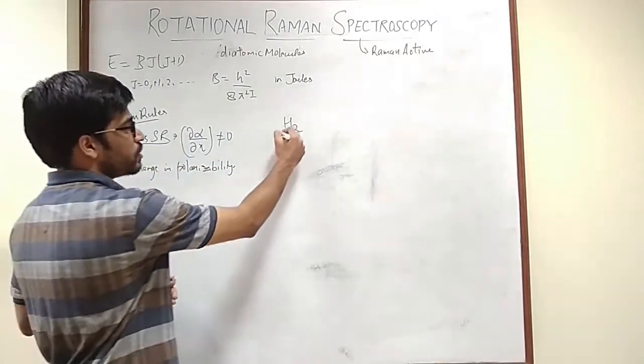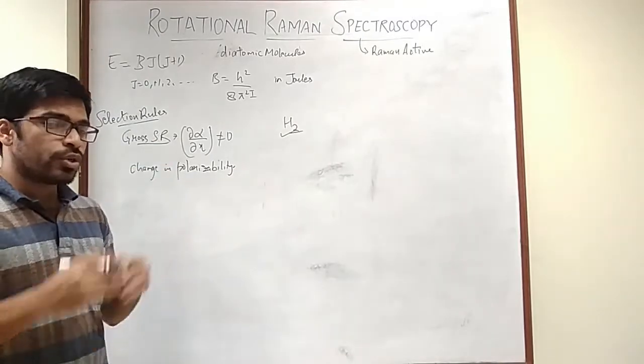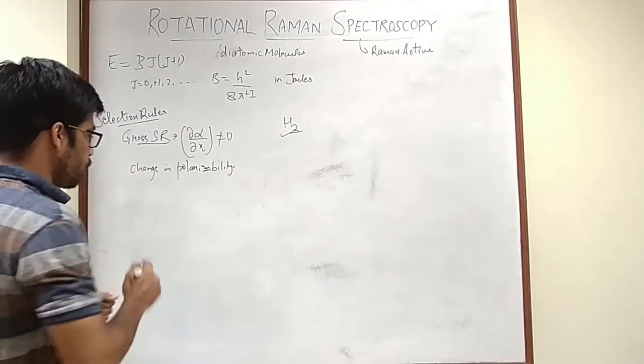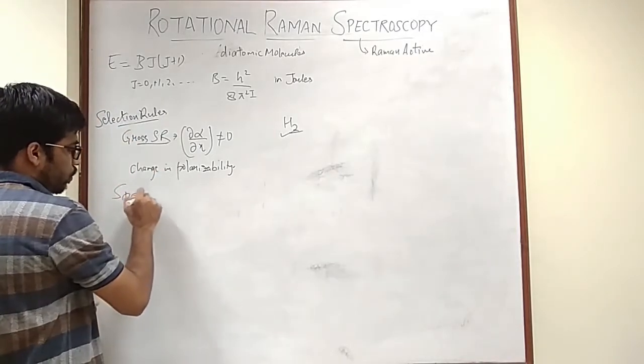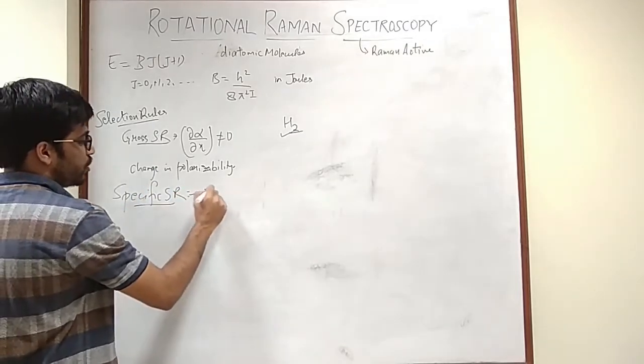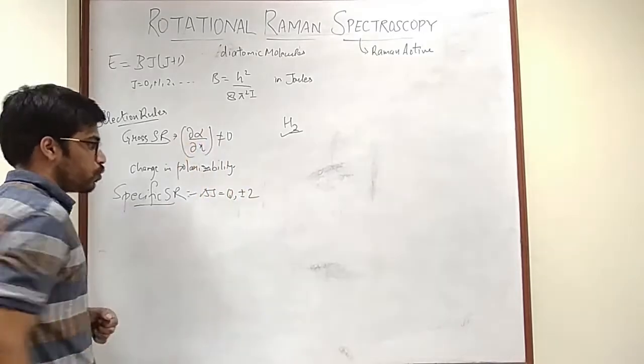So if there is a change in polarizability because of the rotation, you will find that the molecule is rotational Raman active. Now this is the case of gross selection rule. What is the specific selection rule? Now specific selection rule will tell you the change in rotational energy levels, and that is 0, plus minus 2.